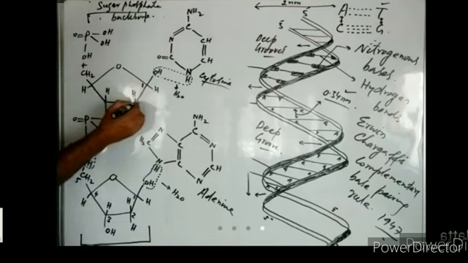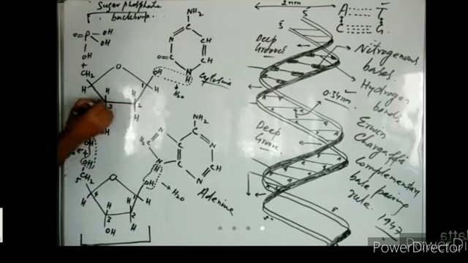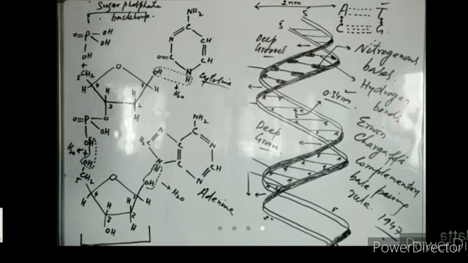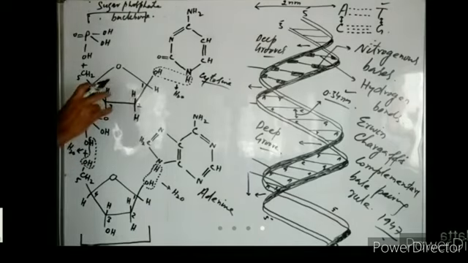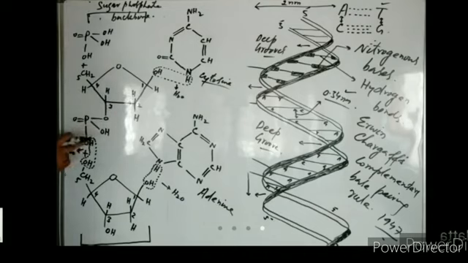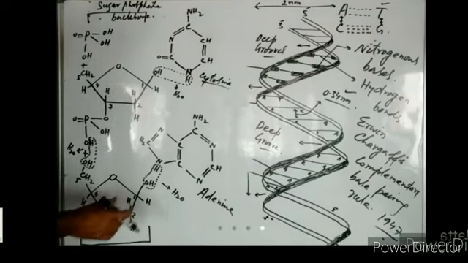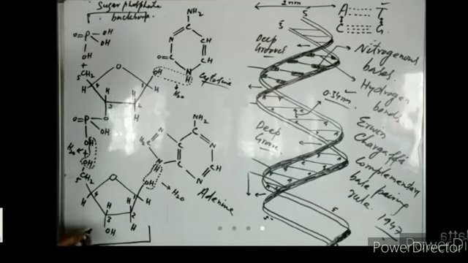Similarly, here in the pentose sugar, carbon first, second, third, 4, 5.